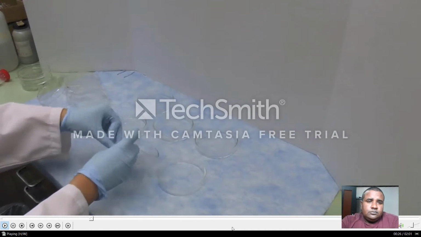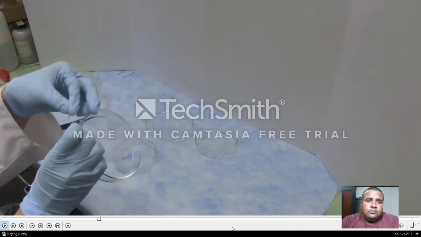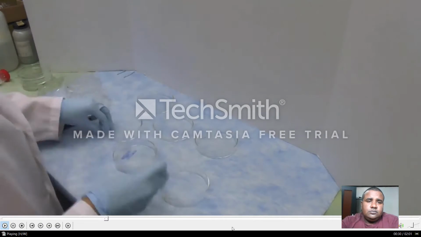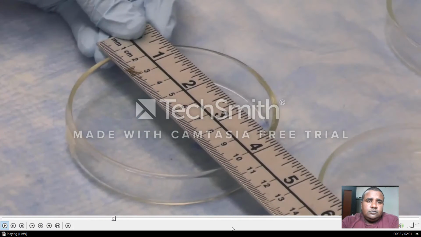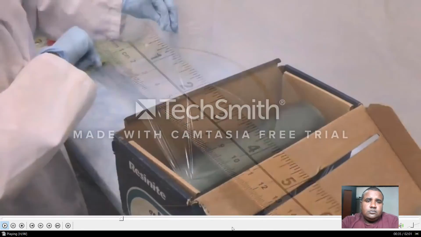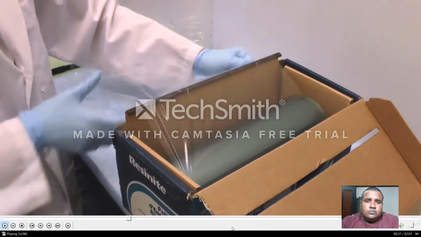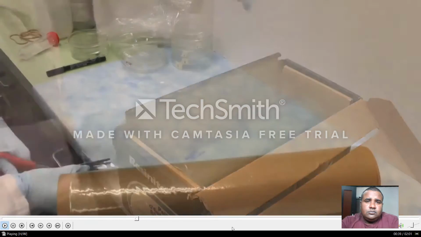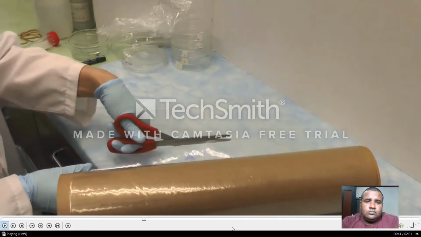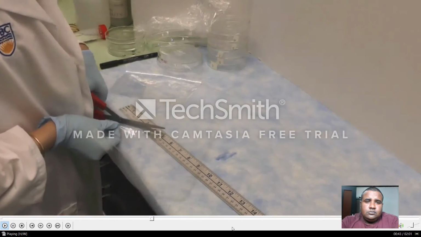First, label the petri plates in triplicates per film according to the information provided for each film sample. For each film, you will have 2 samples and 1 control. The film samples will be pre-cut into 13 centimeters by 13 centimeters for you.